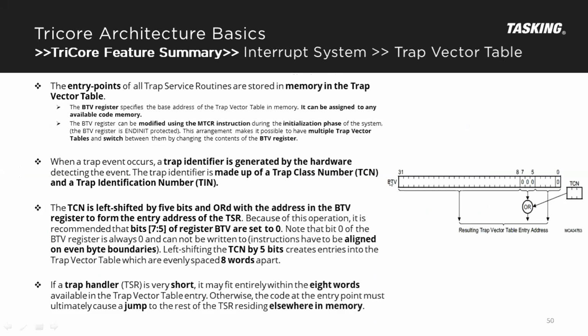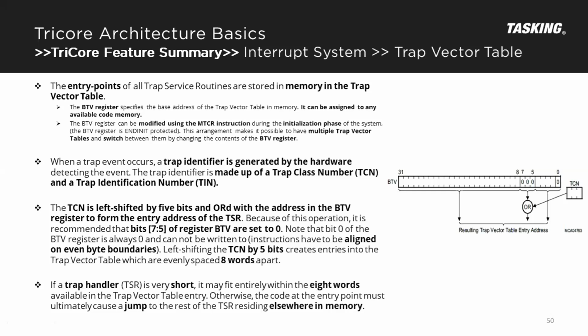This is the register that I will use in order to jump to the trap vector table, and I will OR this trap number with the 3 bits of the BTV register, and then I will end up with a certain address inside this trap vector table. Again, notice that this is 0 here, so it is the alignment for the trap vector table.